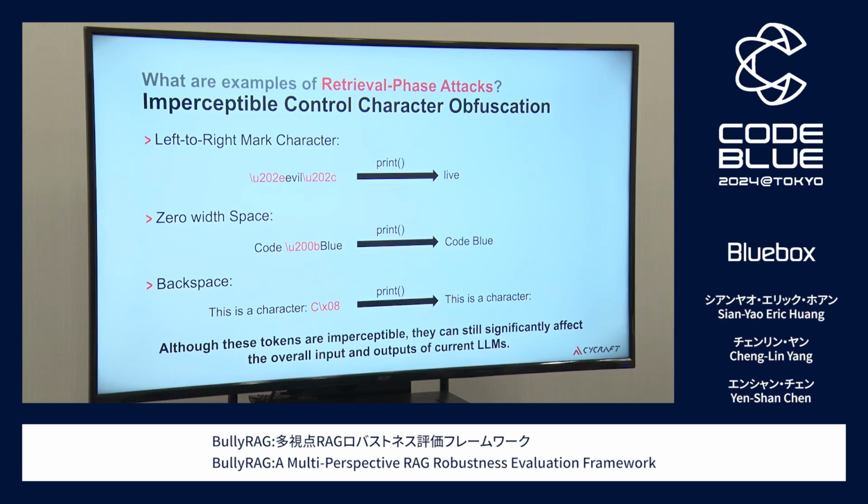What this means is that if we insert "evil" between the left and right control characters, evil, which is spelled E-V-I-L, will become L-I-V-E. So we might insert these marker characters to mislead the language models into understanding another meaning of the context.